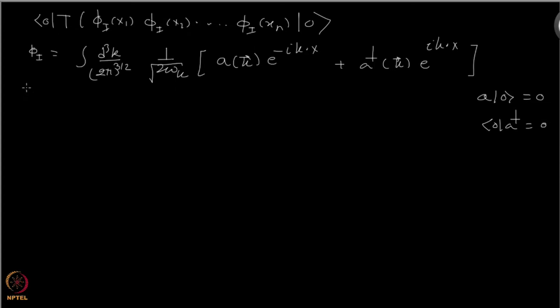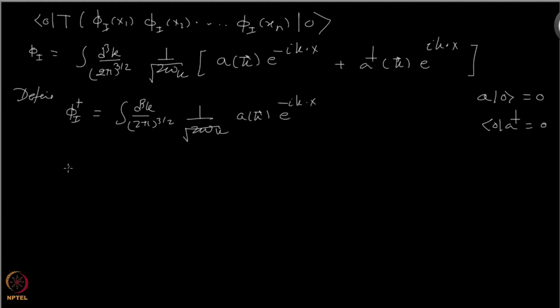I define phi I plus to be this piece. So we have the integral d cubed k over (2 pi) to the 3 halves, and a k, and phi I minus as the integral d cubed k over (2 pi) to the 3 halves, 1 over 2 omega k, a dagger k e to the i k dot x.